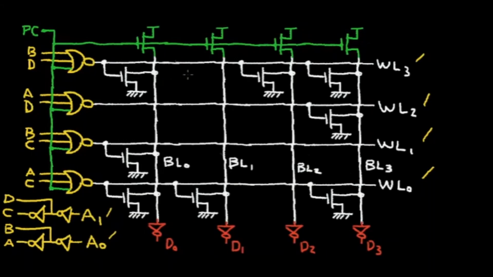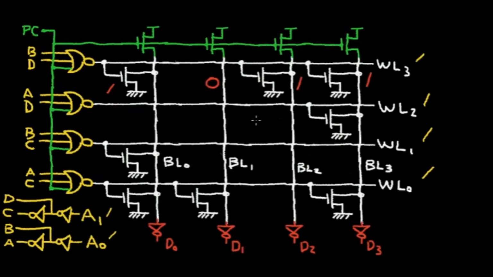If the transistor is absent, that's represented as a 0 data. So if we take, for example, word line 3 up at the top, this data would be a 1. Since the transistor is absent here, this bit line would contain a 0, this bit line would have a 1, and this bit line would have a 1.